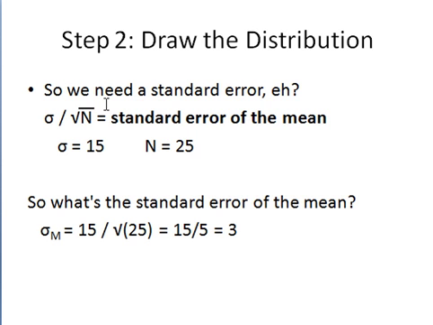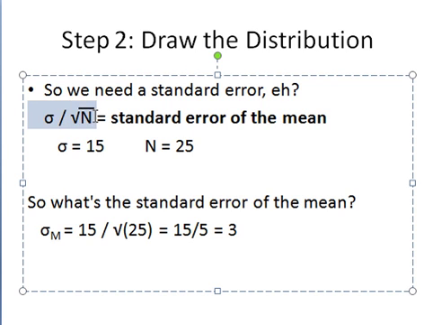I have it here. So we need the standard error. I decided to be a little cocky, I guess, when I was writing these slides, and I have no idea why. But this is the standard error of the mean formula, and it is just what's in the denominator for calculating the z-score. The standard error of the mean takes the standard deviation that's given to us and divides it by the square root of the sample size that's given to us.